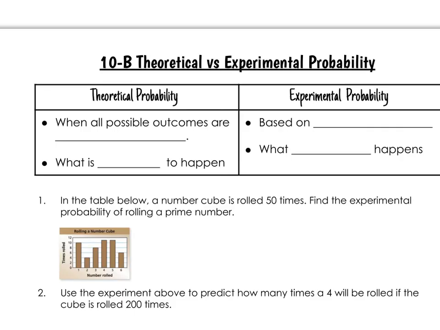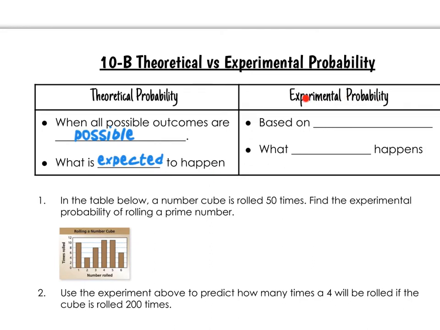Okay, so the first thing we're going to look at is the difference between theoretical probability and experimental probability. On this table, on the left side, we have theoretical probability. Theoretical probability is when all possible outcomes are possible, and it is also what is expected to happen.